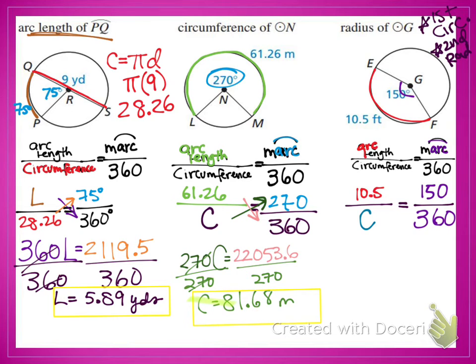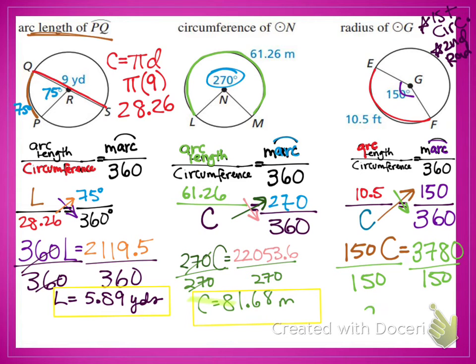Cross multiply. We get 150C equals 10.5 times 360, which is 3,780. Okay. Divide by 150. And the circumference equals 25.2.